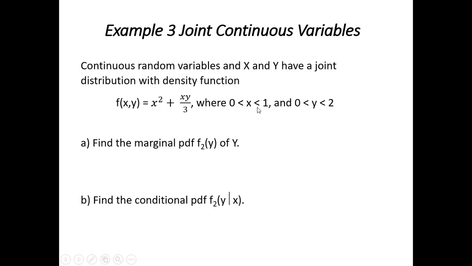Once again, this gives us a rectangle. Find the marginal PDF with respect to y, that's part A. And the second part, find the conditional PDF f2 of y given x.